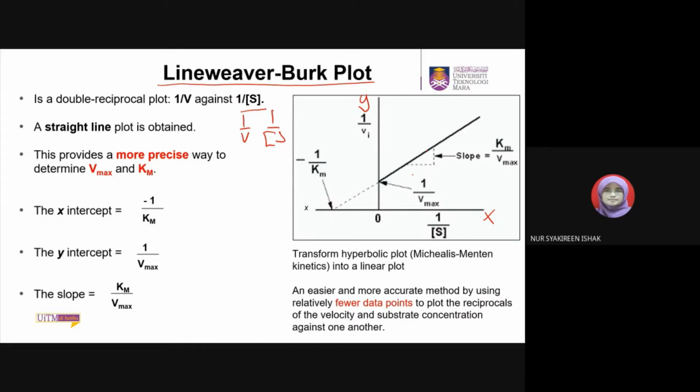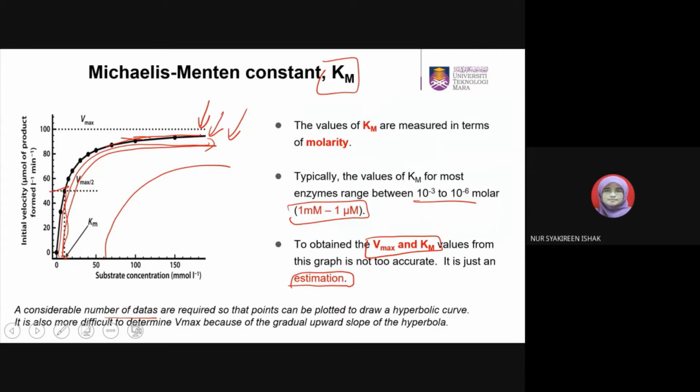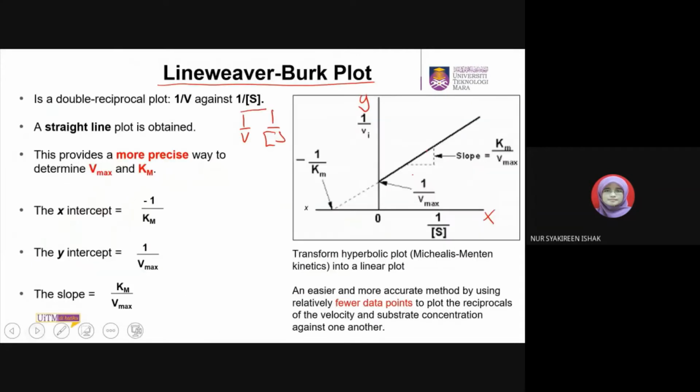So all the values that were initially in this graph, you take the reciprocal of them to get the graph in a straight line form, which is the Lineweaver-Burk plot.